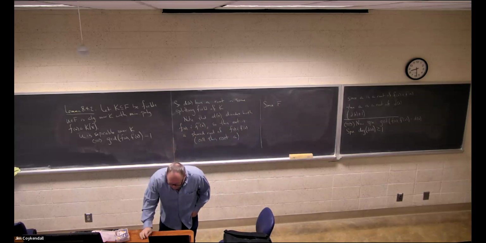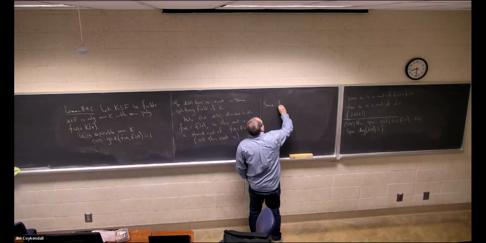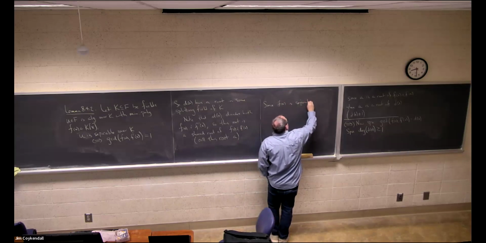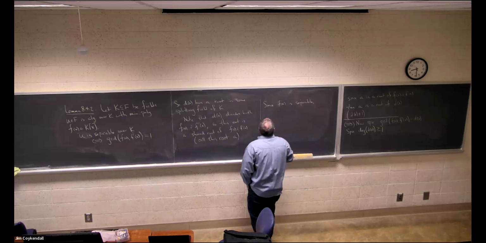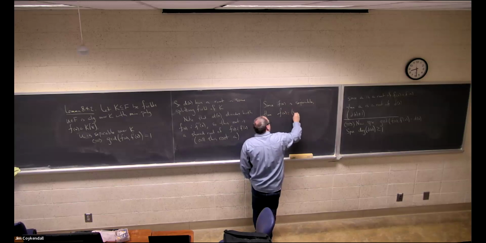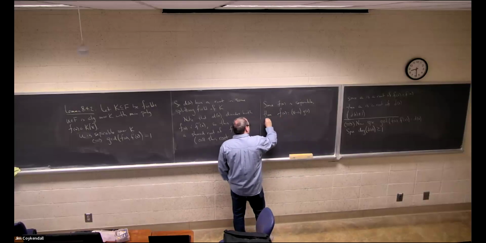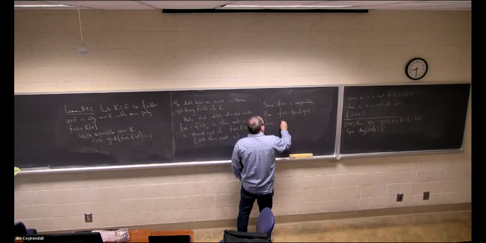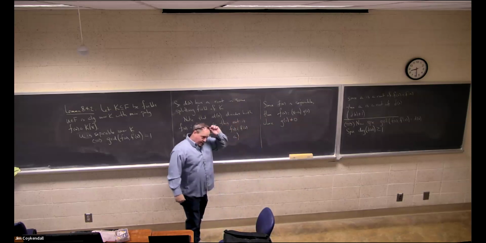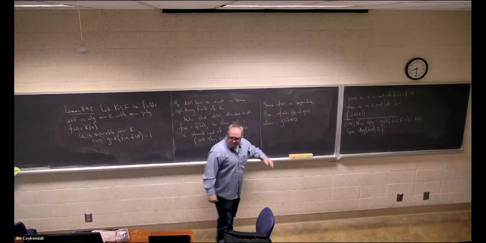Well, since u is separable here, f of x is x minus a times g of x, where g of a is not zero, because in the splitting field, separable polynomials' roots can only appear once.